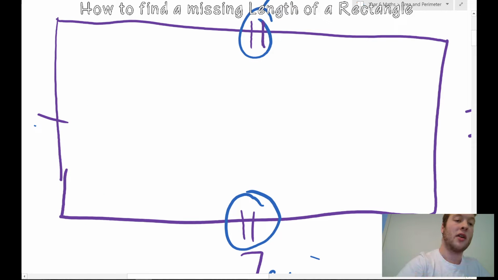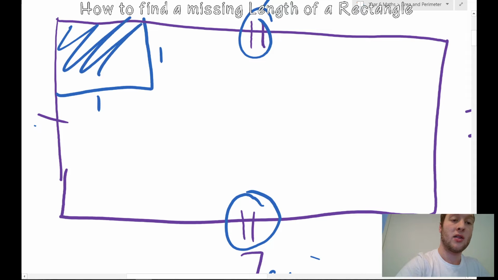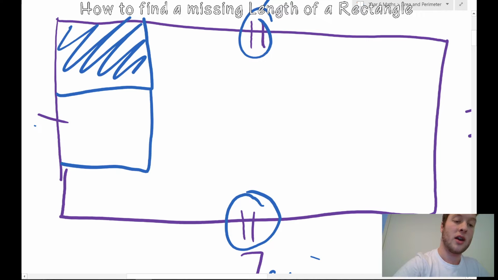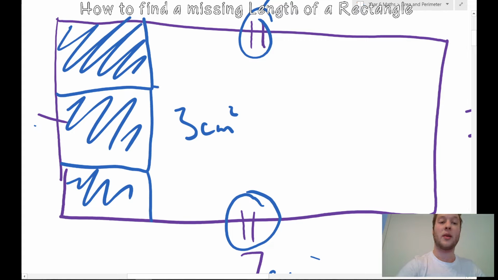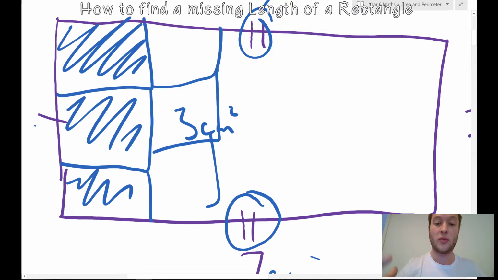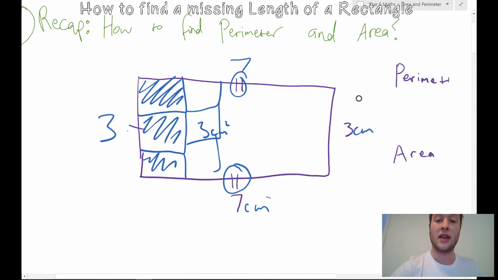If I was going to draw accurately, this is a 1 centimeter by 1 centimeter square. So I call it 1 centimeter square. And I want to fill this rectangle up with 1 centimeter squares. So I put in another one and another one. So I've got 3 centimeters squared so far. The idea is I want to fill up the whole rectangle until it's fully colored in with squares. So that's what area is.